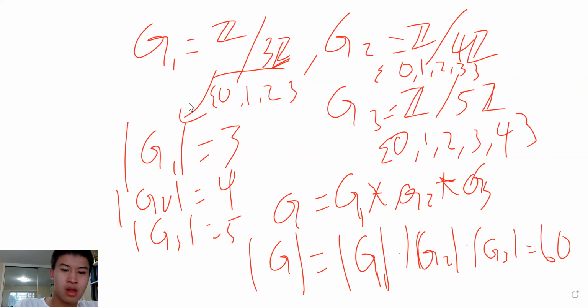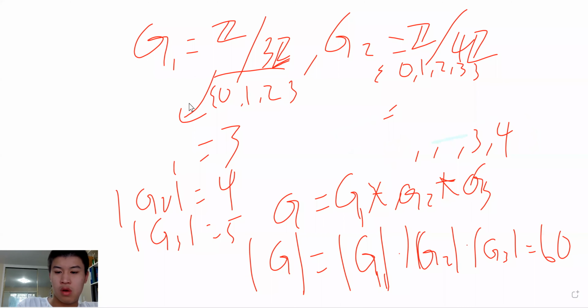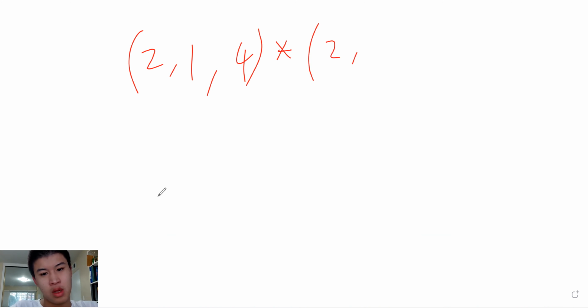Okay, and using this as an example, let's do an example. Because it's the integers mod 3, the integers mod 4, and the integers mod 5, the values have to be elements. Let's say (2, 1, 4) and we could say (2, 3, 3).